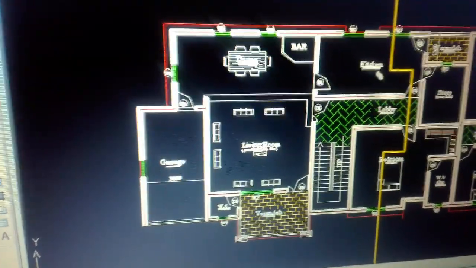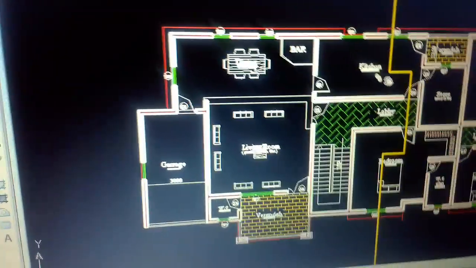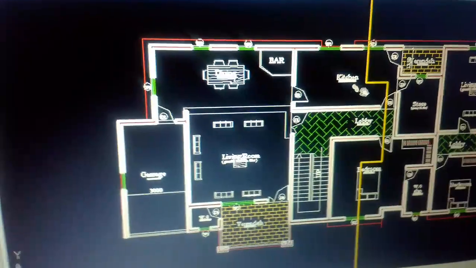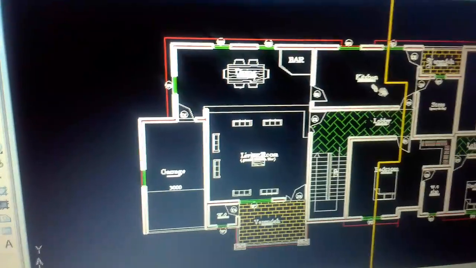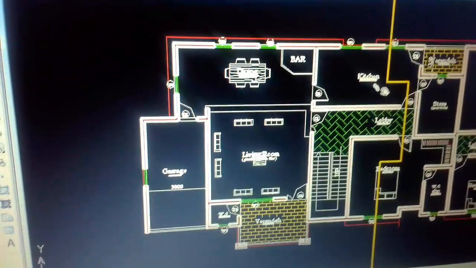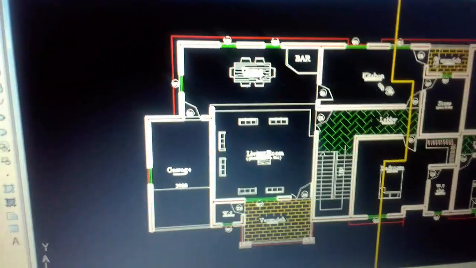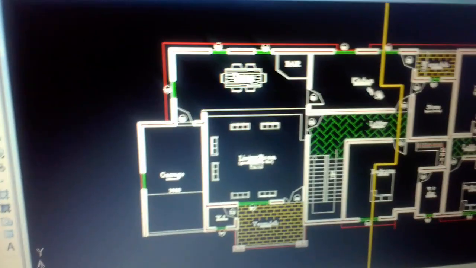But if it's a soft copy, you can take it to your AutoCAD software and dimension it. This problem is for when you are given a design and it's a hard copy. By hard copy, I mean a printed copy, not the soft copy that is the AutoCAD file.